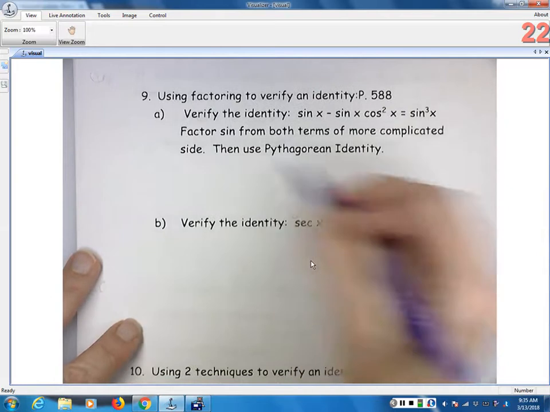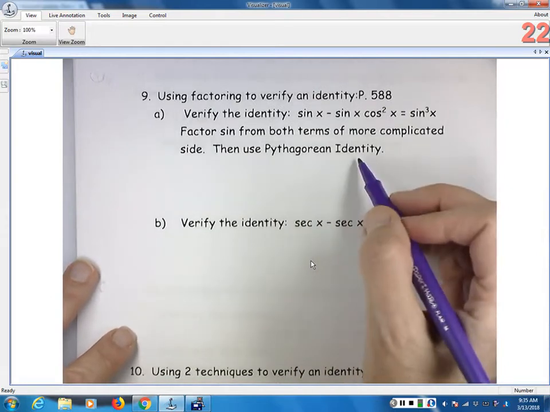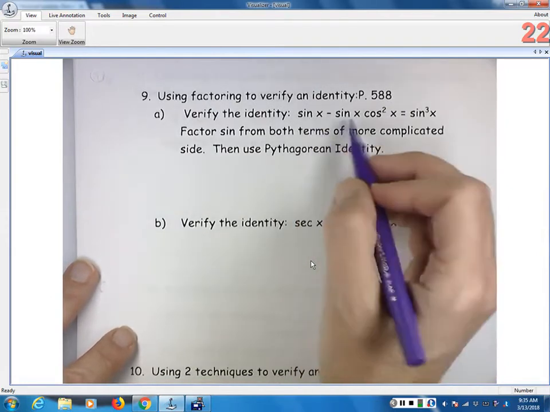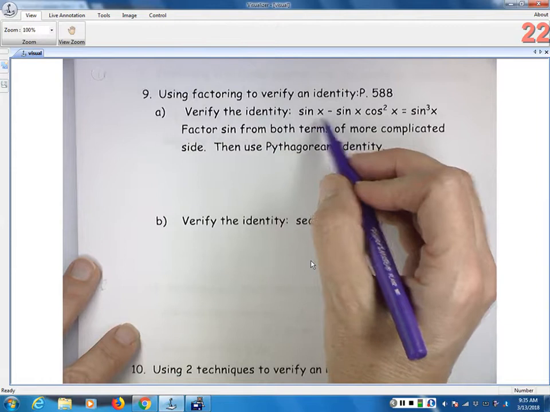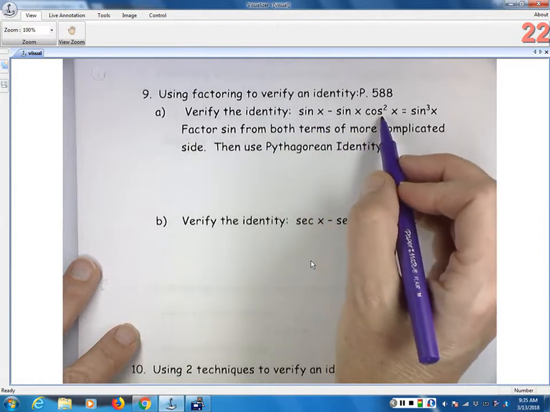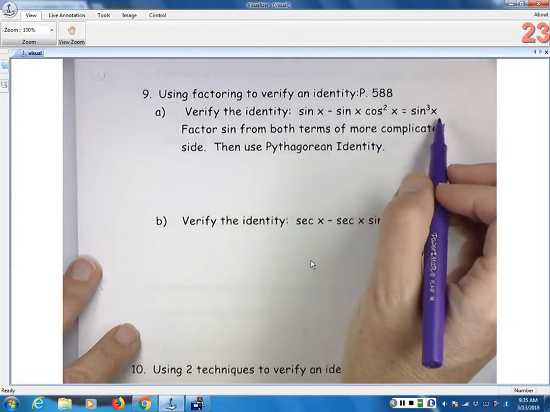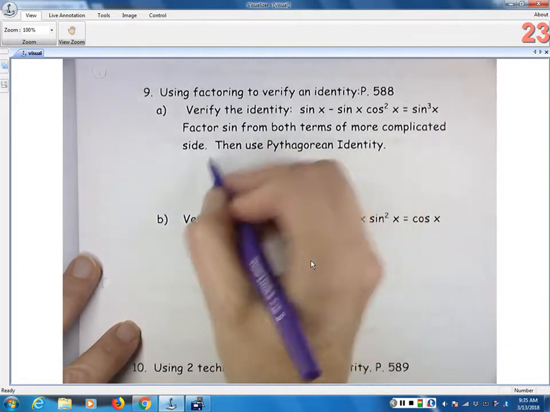Then we're going to use the Pythagorean identity. So, you got sine x minus sine x cosine squared x equals sine cubed x. You're going to factor out a sine x.